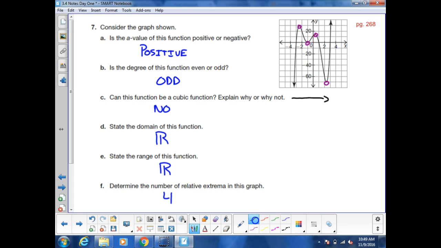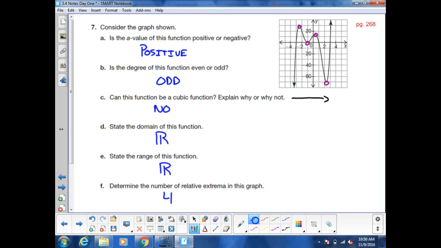If your pencil, your pen, your finger is going up, it is increasing. If it's going down, it is decreasing. If it's not going up or down, it's staying constant.